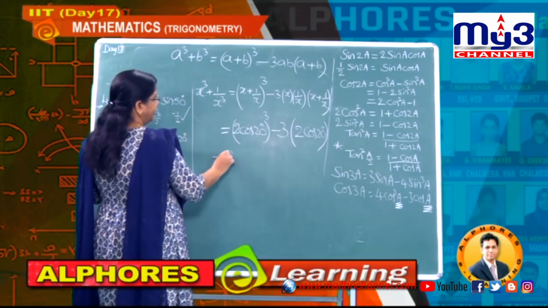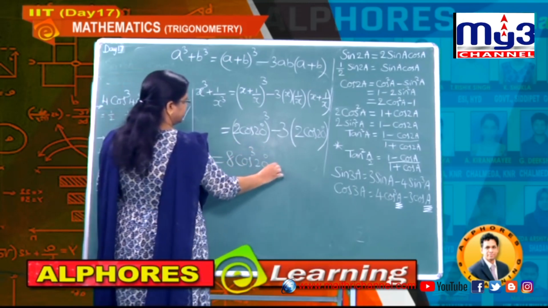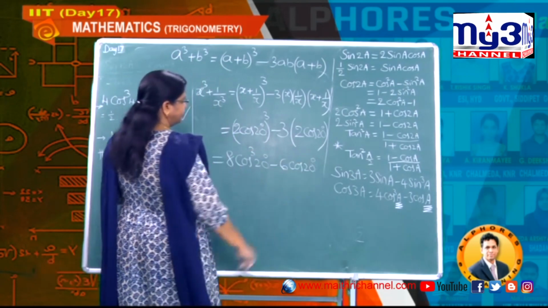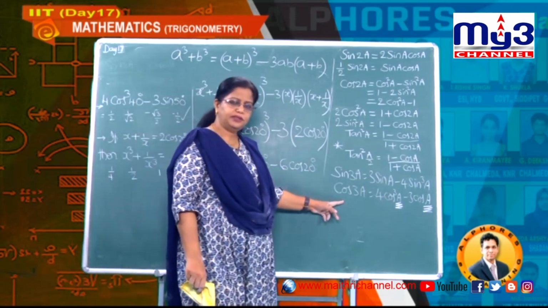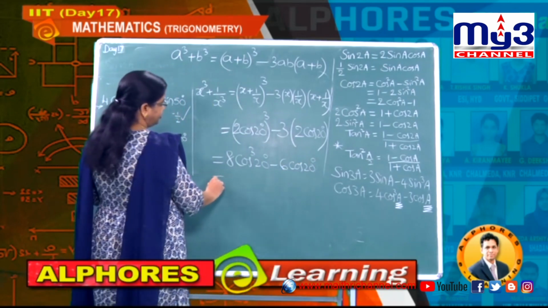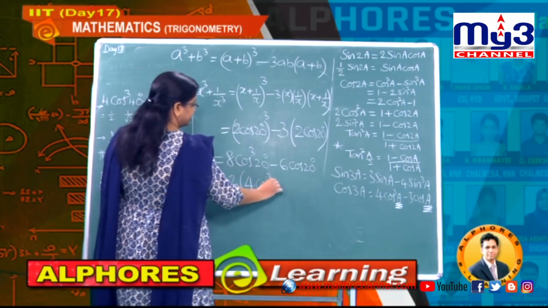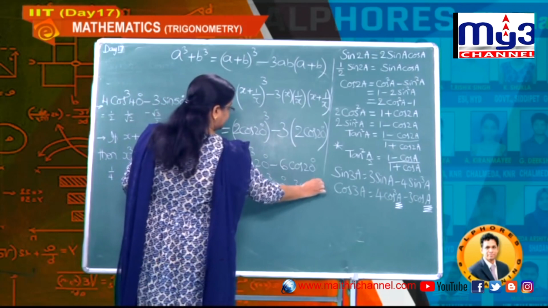This is 8 times cos cube 20 degrees minus 6 times cos 20 degrees. Now students, again observe, it is near to our formula, the only thing is you have to take 2 common. If I take 2 common, it is 4 cos cube 20 degrees minus 3 cos 20 degrees. Got it, students?